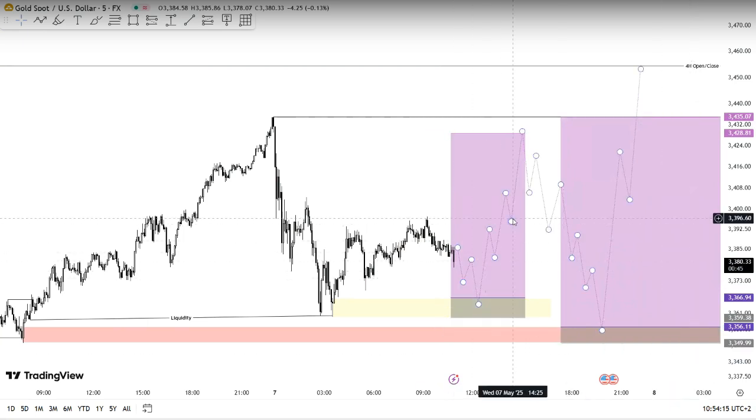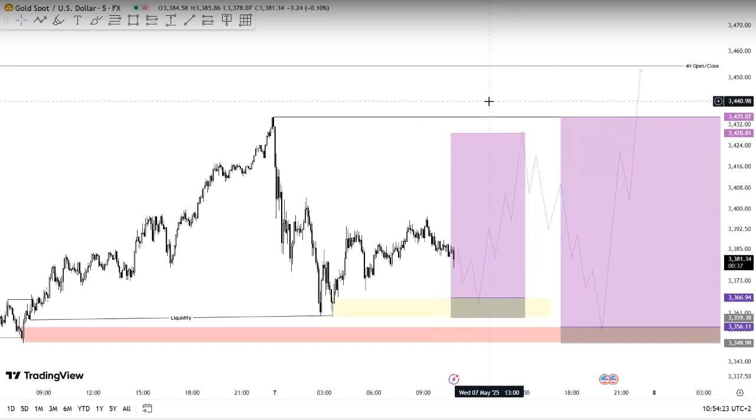I'm going to set the take profit at the high that I marked up here, 2.8, roughly around there. That would be a healthy TP.